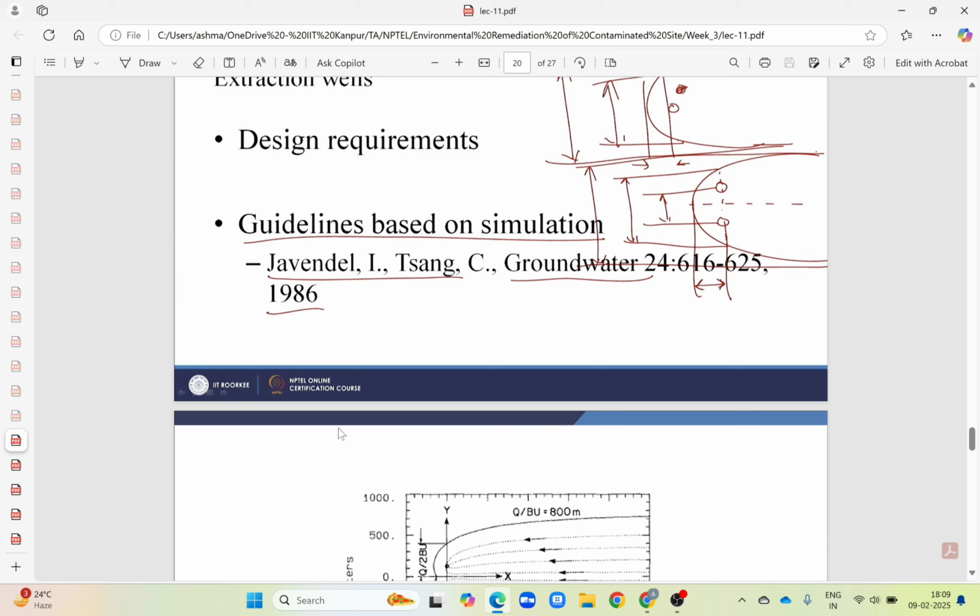And then in week 2 we discussed risk assessment, like how to do the risk analysis for carcinogenic and non-carcinogenic pollutants. We saw numericals based on risk, hazard index, and hazard quotient, that is for non-carcinogenic compounds. And for carcinogens we have seen the risk, and we have solved a few numericals on this concept also.